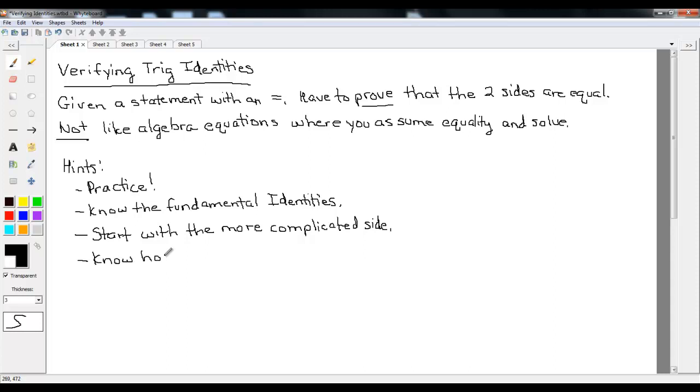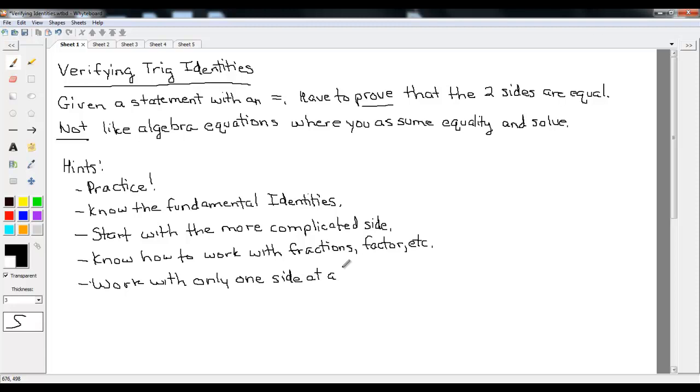Know how to work with fractions, factor, etc. Work with only one side at a time. And simplify as often as possible.